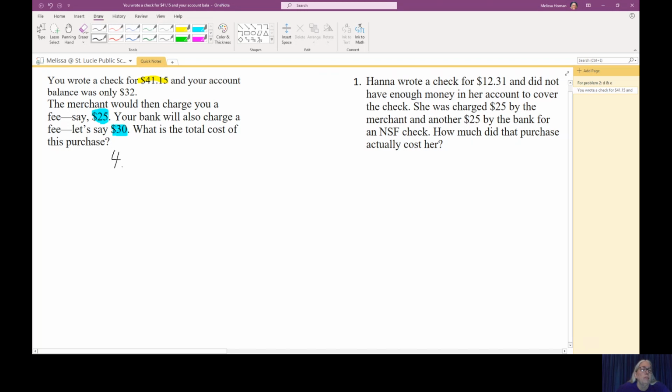So the $41.15 is how much you're going to pay. That's a for sure. But in this case, we must add $25 and $30. This means by the time you add this up, this $41.15 purchase costs you $96.